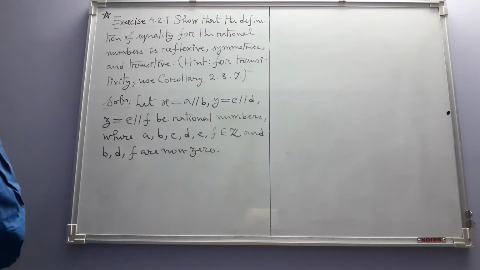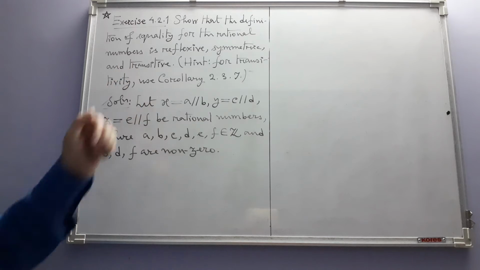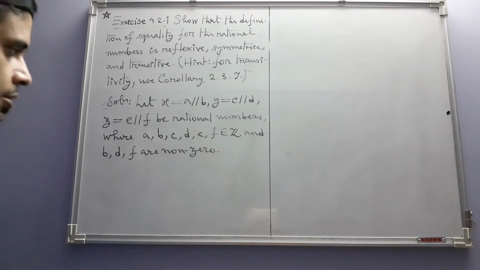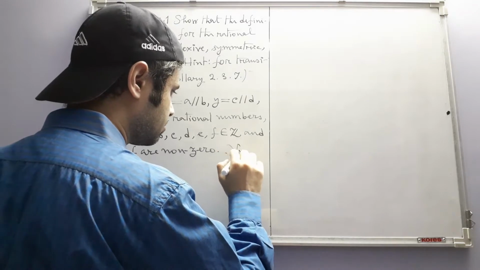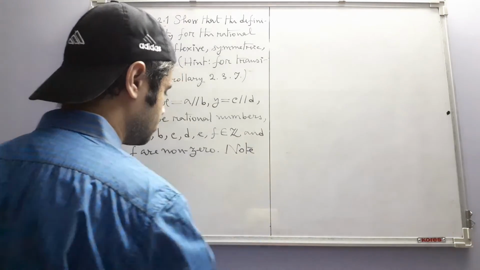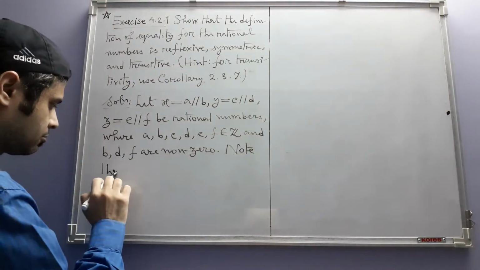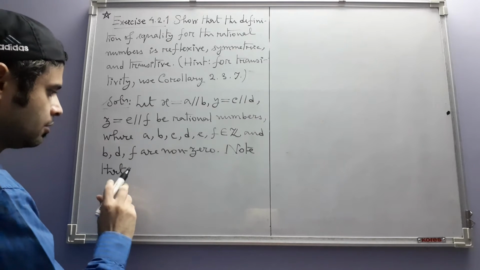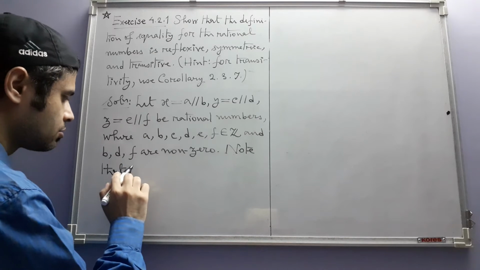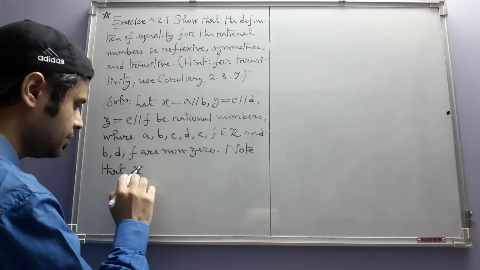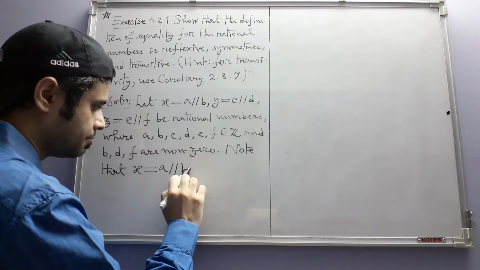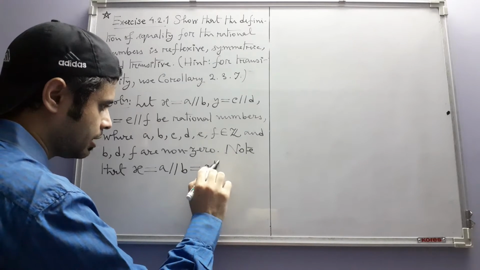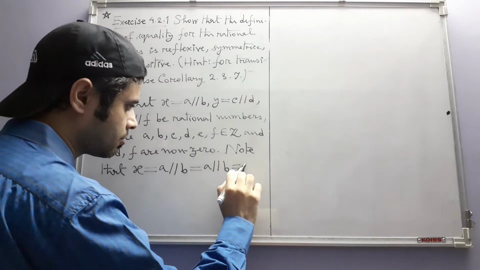Okay, so first we try to show that the relation is reflexive. For that, note that, okay, this may look a bit stupid, but it is what it is. x is equal to a by b. This is equal to again a by b. This is equal to x.